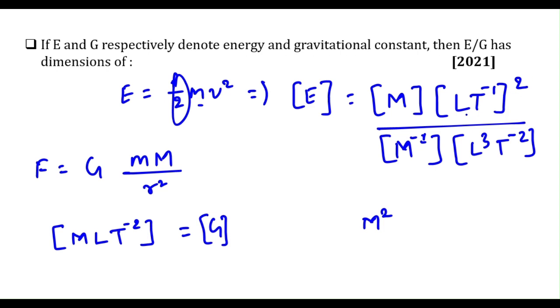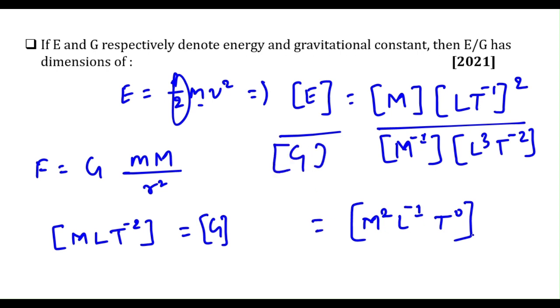Look, here we have a square term L square, and this is 3, so it will be L to the power minus 1, and then we have T to the power minus 2 on numerator side and also on denominator side, so T will be 0. Here we have E by G. This is the dimensional formula for E by G, where E is energy and G is gravitational constant.